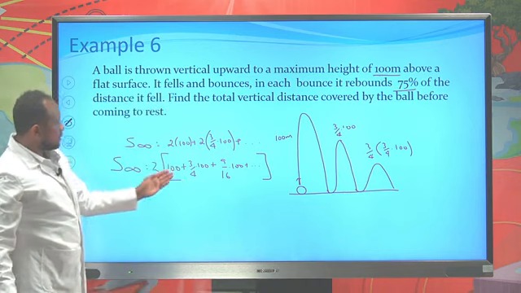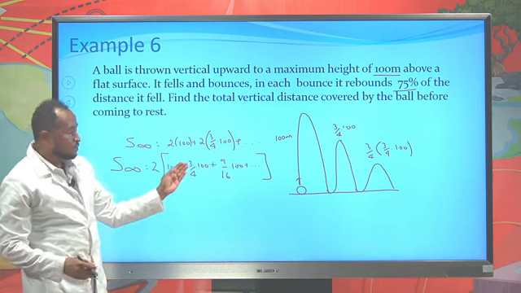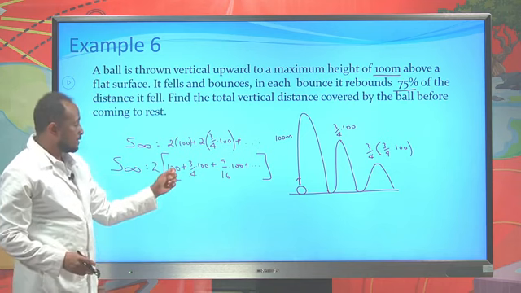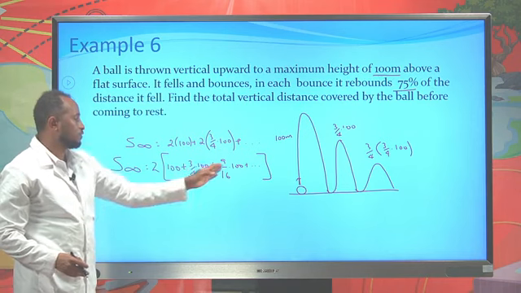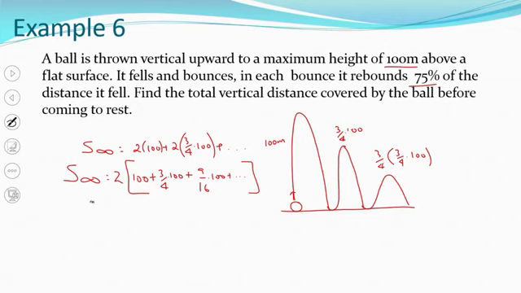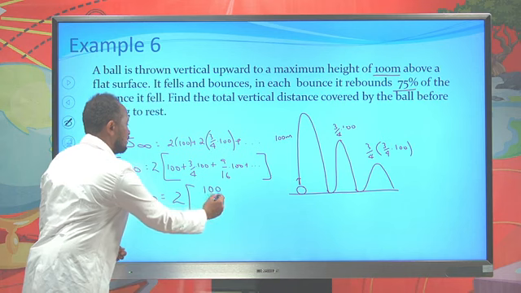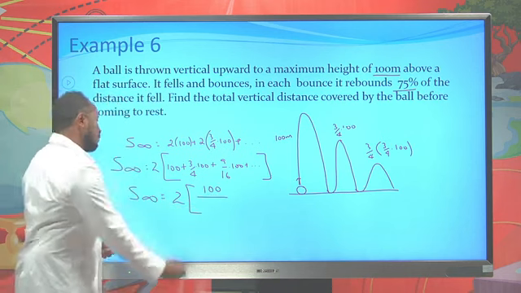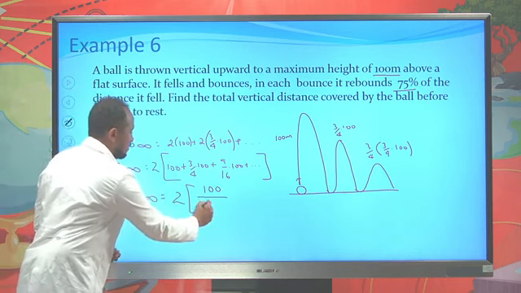So when you see this, it's a geometric progression with the first term 100 and the common ratio 3/4. Take the ratio of these two, and you get the common ratio 3/4. Therefore, the infinite sum is twice G1, which is 100 over 1 minus r, where r is 3/4 here.